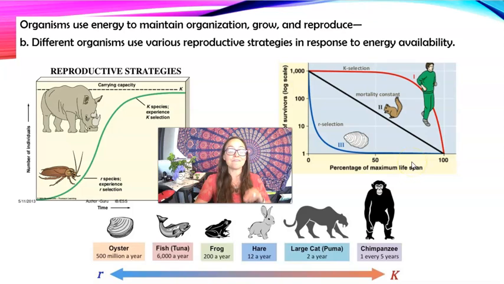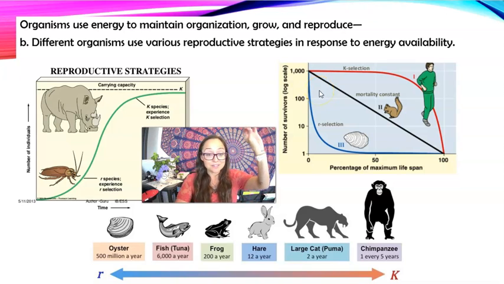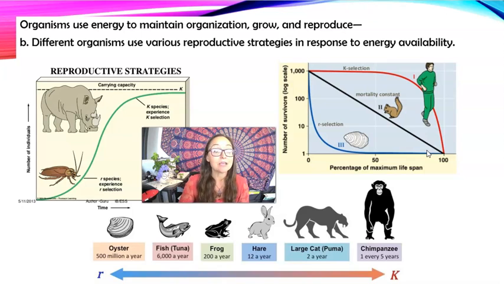This is number of survivors. If you start at 1,000, they don't have many survivors. Very few actually survive to old age, to 100% of the maximum lifespan. So their strategy in life is to just produce a whole lot of offspring and hope a few survive to adulthood, versus a K-selected species.